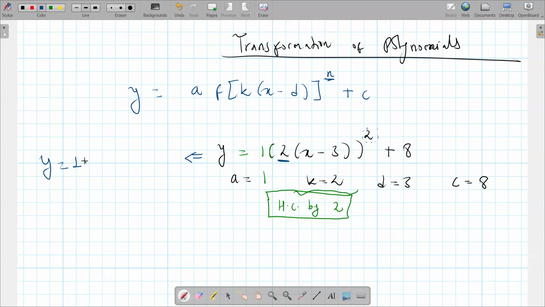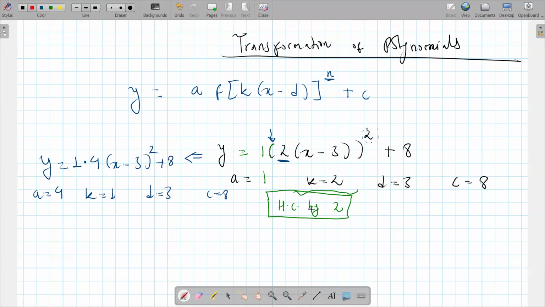So look at this. When I pull the 2 outside of this bracket, it becomes 2 squared, 4. Now your A value is 4, your K value is 1, D value is 3, C value is 8.